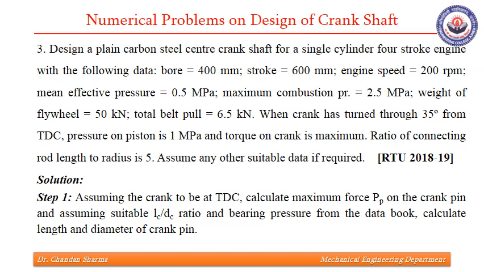What we'll do over here is discuss the design steps, so that following them you'll be able to solve these questions without much difficulty. In this question, we have been given bore diameter, stroke length, engine speed, mean effective pressure, maximum compression pressure, weight of flywheel, total belt pull, and the case is when the crank has turned through 35 degrees from TDC, and the pressure at that point of time is 1 megapascal when torque on the crank is maximum.